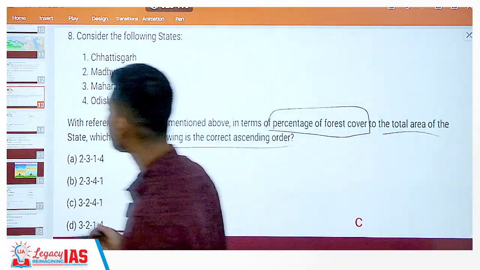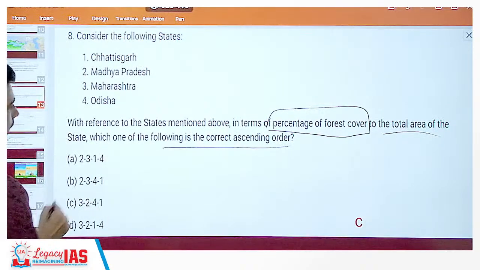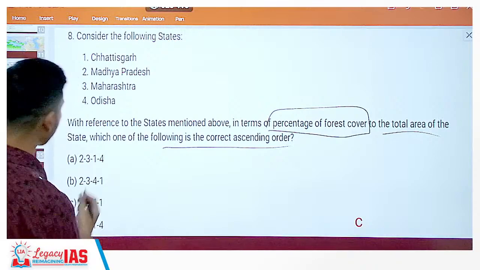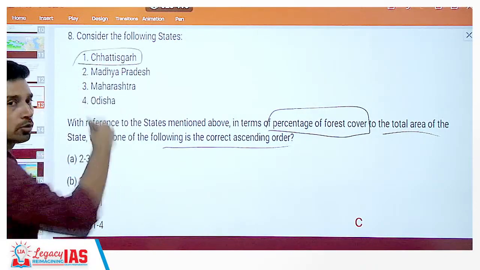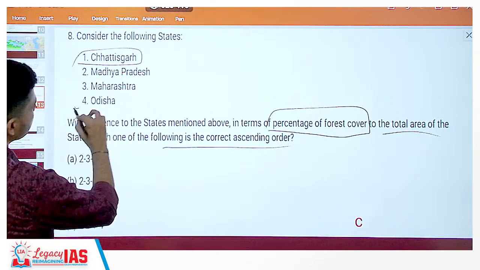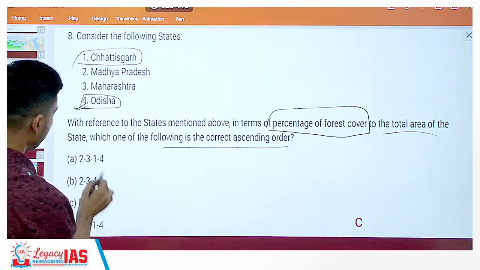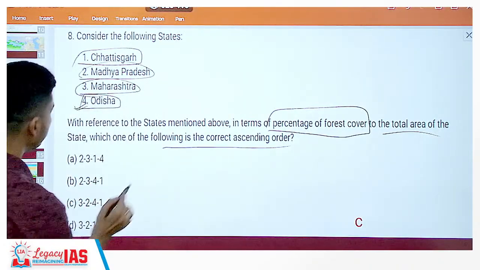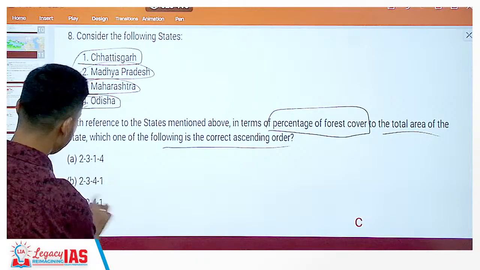Actually, this is a factual question, and the largest area, as you can see, is obviously found in Chhattisgarh in terms of percentage of total area of the state itself. Then the second largest is Odisha. Then we have Madhya Pradesh, and the least is Maharashtra. So, 3, 2, 4, 1, that is C, is the correct option here.